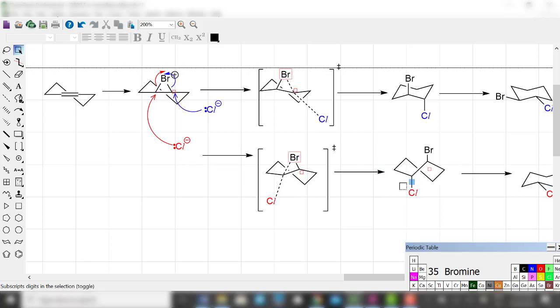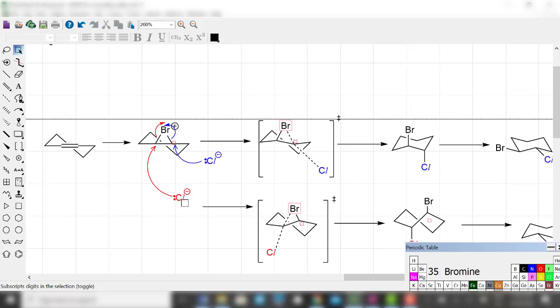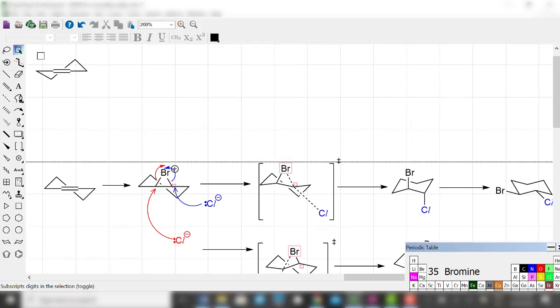So my question to all of you, and also a possible exercise you can do on your own, would be, could you draw the same mechanism with the cyclic bromonium pointing down? See what products you get, and could you also use this particular conformation to draw?